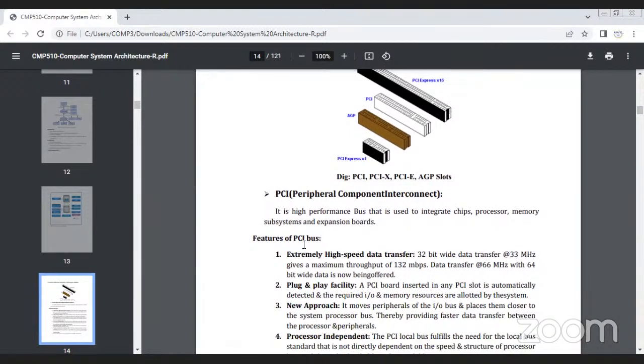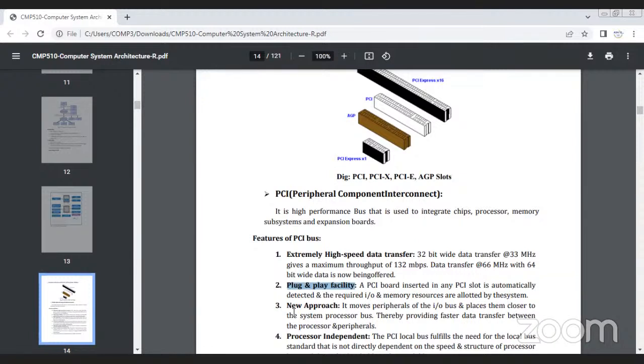What are the features of the PCI bus? The main feature of the PCI bus is extremely high speed data transfer. By using the PCI bus, we can transfer data at high speed. The second feature of this PCI bus is the plug and play facility. A PCI board inserted in any PCI slot is automatically detected and the required input output and memory resources are allotted by the system.